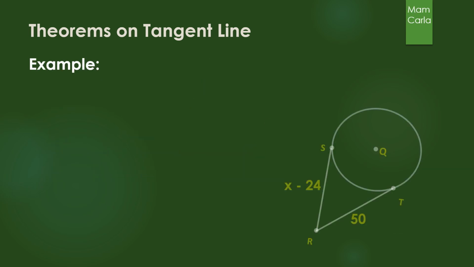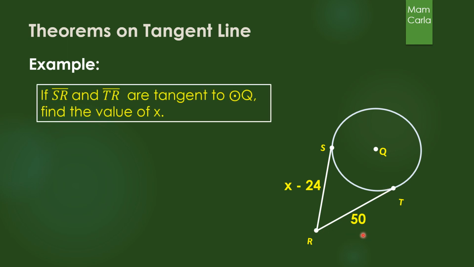Let's have this example. Given this figure, if SR is x minus 24 and TR is 50, and SR and TR are tangent to the circle Q, let us find the value of x. Using the theorem, knowing that SR is congruent with TR, we substitute the value of SR, which is x minus 24, and TR, which is 50.